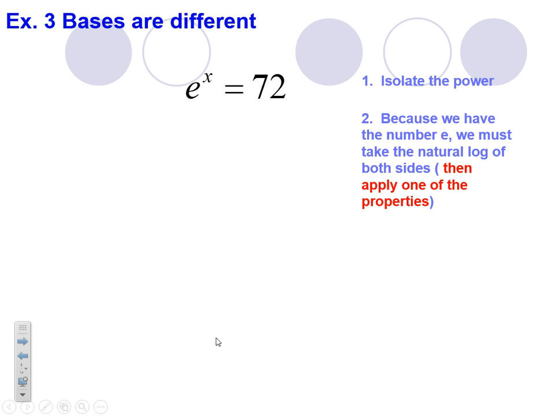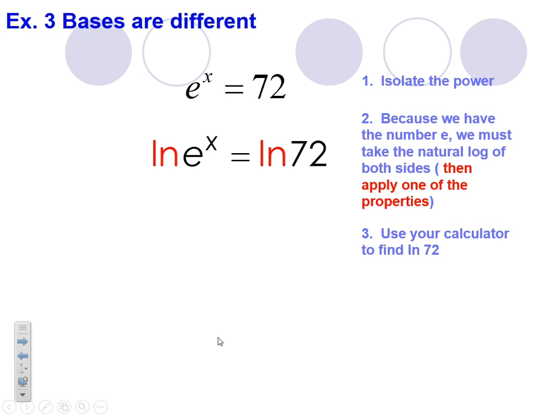So we want to take the natural log of both sides of the equation, and that looks like this. Next, we want to apply our properties, and then we will get this. And now we can use our calculator to find the natural log of 72, and it is approximately 4.277. And of course, we do want you to do a check.